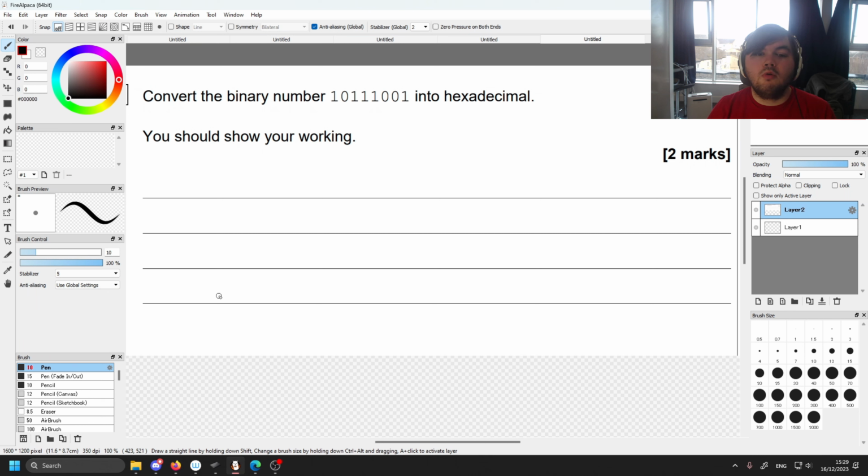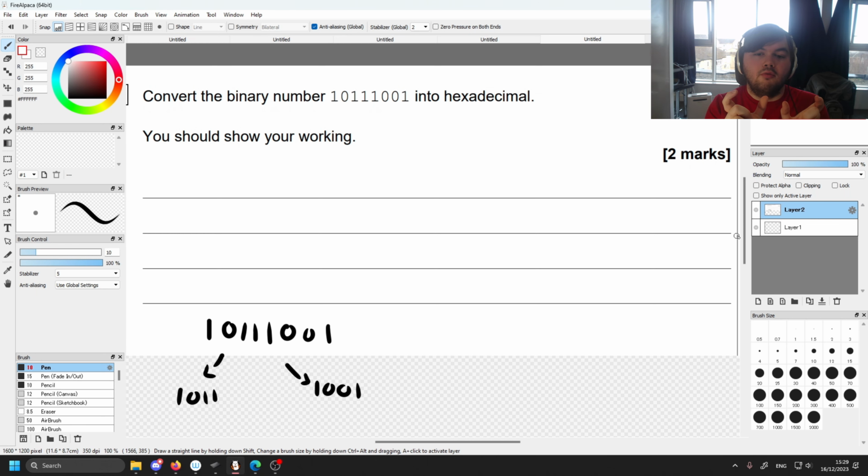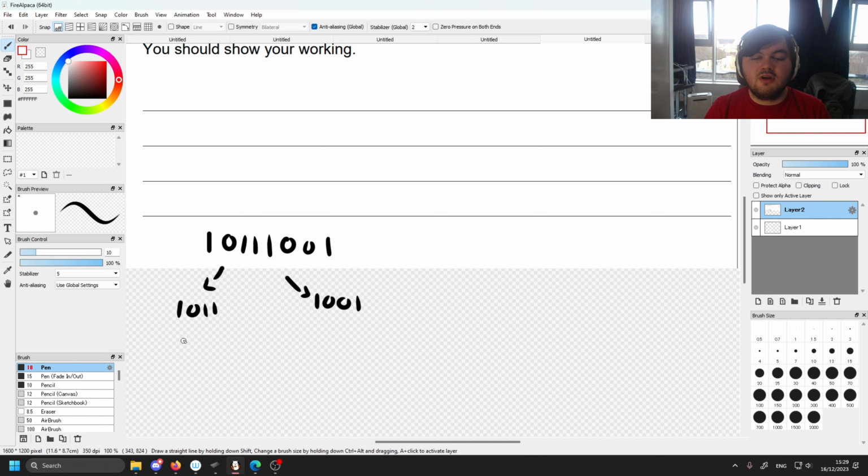For question 1.2, you're asked to convert 10111001 into hexadecimal. Now, you should be using the strategy I taught you before, which is to break down the binary number into 4-bit parts, which is to say you should end up with 1011 and 1001. Now, you should convert each of these 4-bit patterns into decimal first.